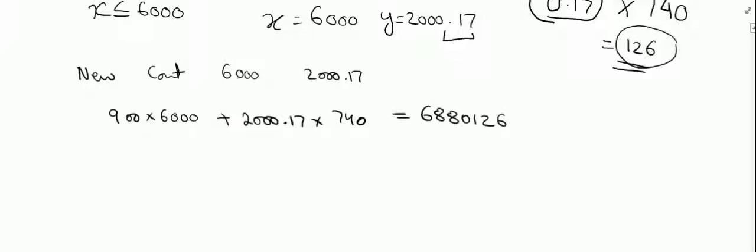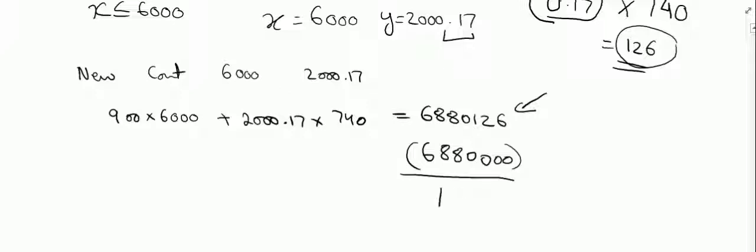If I had one more labor hour, I could have generated a contribution of 6,880,126. Previously, I had a contribution of 6,880,000, and therefore one more additional hour could have added 126 rupees to my contribution. This is your shadow price.